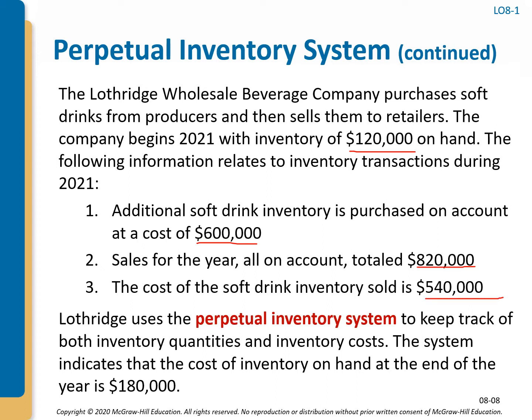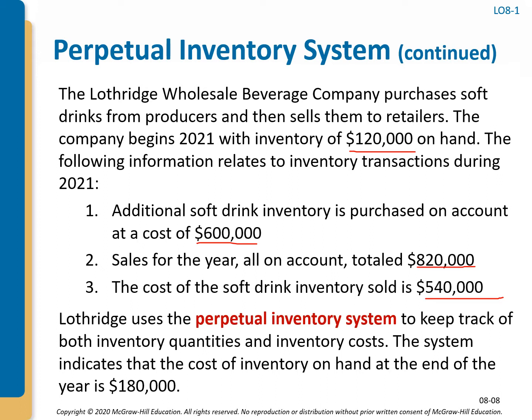Lothridge uses the perpetual inventory system to keep track of both inventory cost quantities and inventory cost. The system indicates that the cost of inventory at hand at the end of the year is 180,000. So we start the year with 120,000. We purchased 600,000.